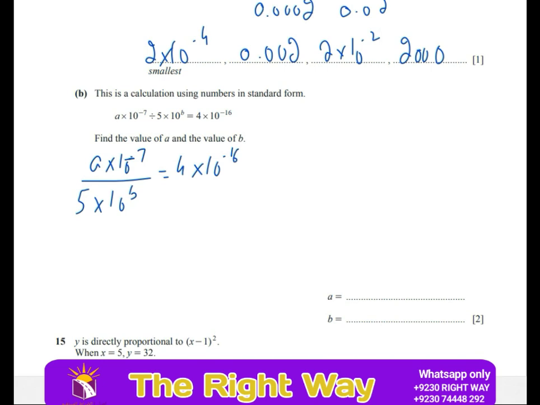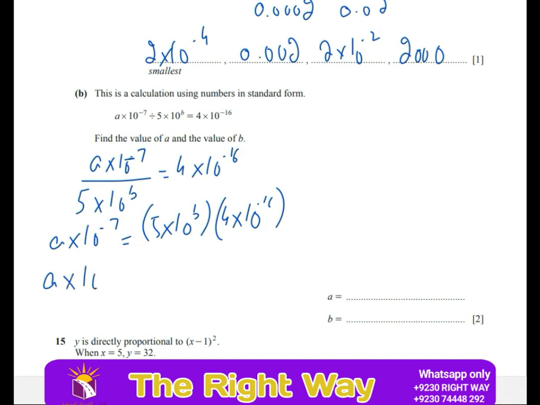Cross multiplication: A into 10 raised to power minus 7 will be equal to 5 into 10 power B multiplied by 4 into 10 power minus 16. 5 times 4 will be 20 into 10 raised to power B minus 16.